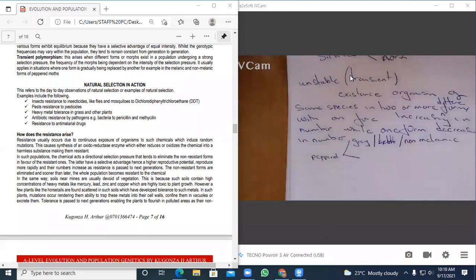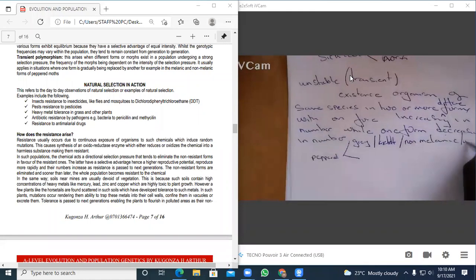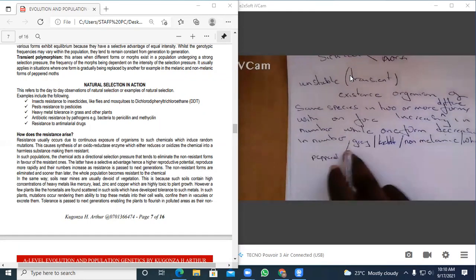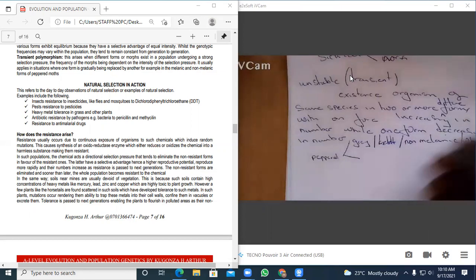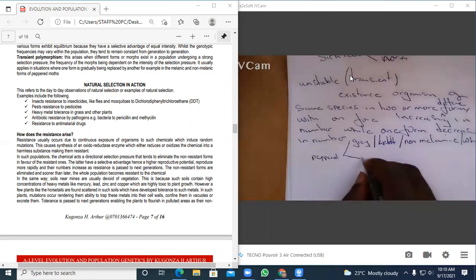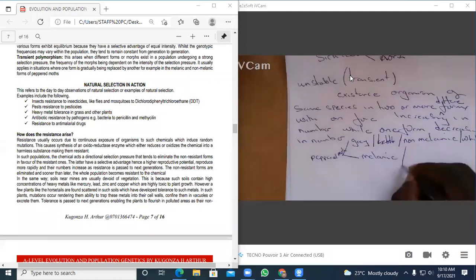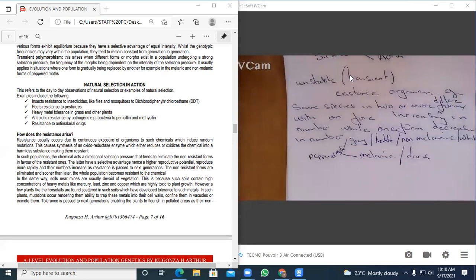Non-melanic means it doesn't have melanin, therefore it is gray. Some books call it white. They will say gray, non-melanic, white, or light. Then we have another form of peppered moth, which we call melanic. It means it is dark. Those are the two types of moths we have.